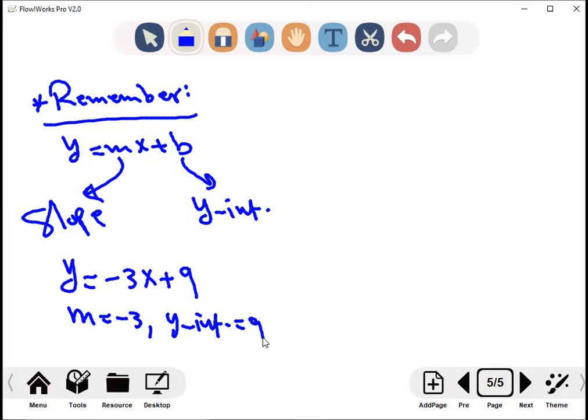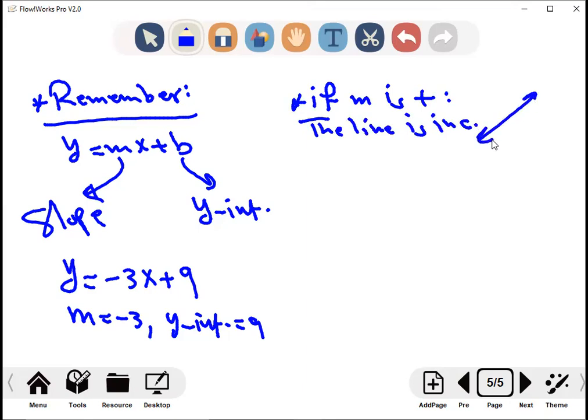You took line equations before, right? With Mr. Shadi, I think. Focus here. If the slope is positive, the line will be what? Increasing. Increasing means going up like this.